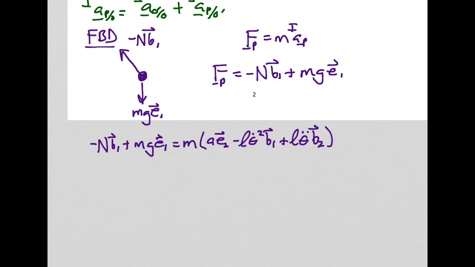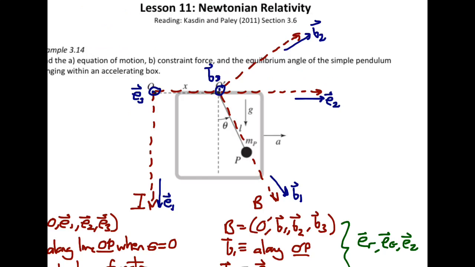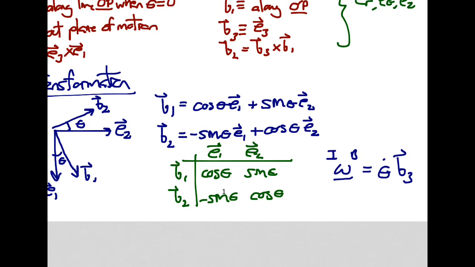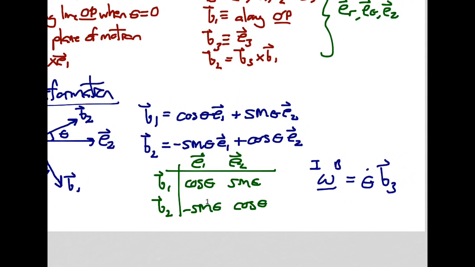Now, let's convert from E1 and E2 into the B basis, and to make that conversion we need to go back to our transformation tables. To convert from E1 into B1 and B2, we get E1 is equal to cosine theta multiplied times B1 minus sine theta in the B2 direction.